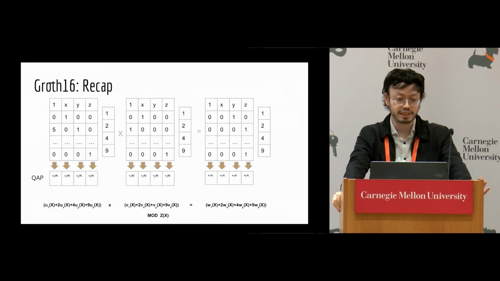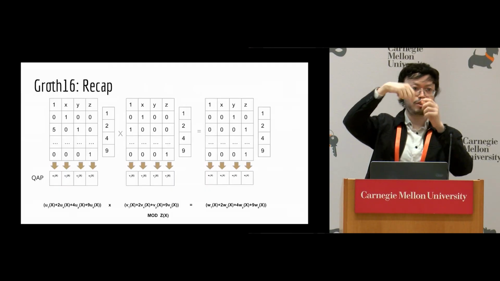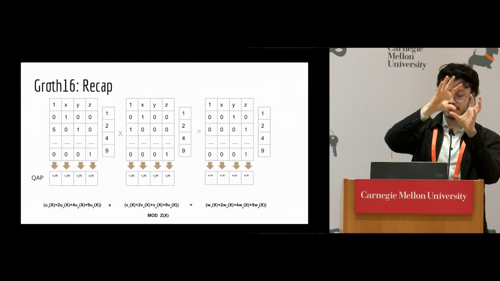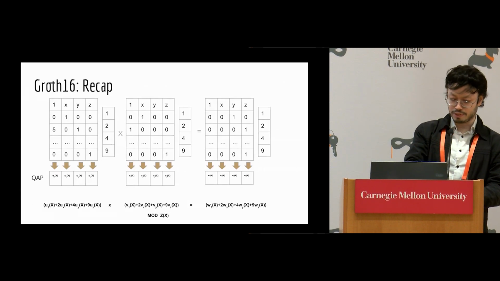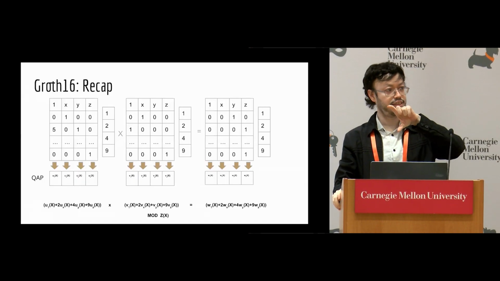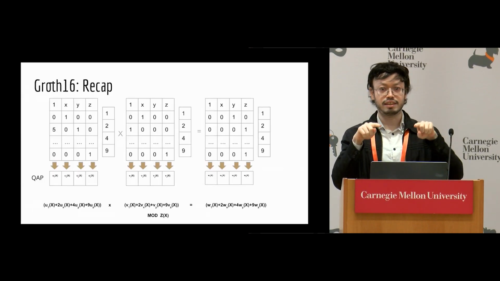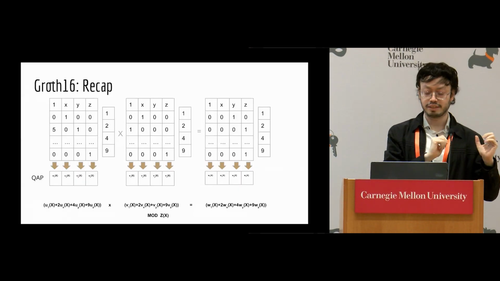Essentially, what it does is translate each of the columns of these R1CS matrices into polynomials, okay? So for column 1, for example, you have U1(x). For the x column, you have Ux(x), and so on. Each column of R1CS is converted into a polynomial by interpolating each entry at a fixed coordinate, okay? So you have this bunch of polynomials.